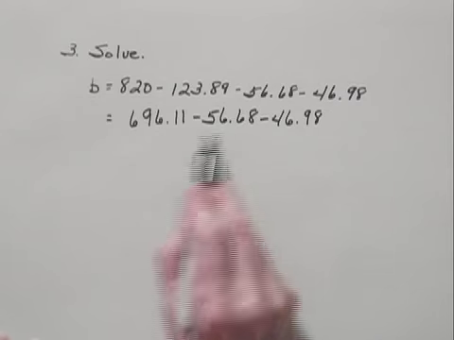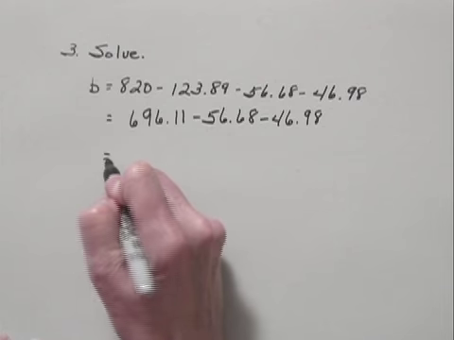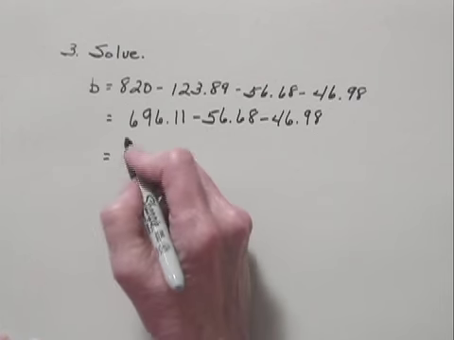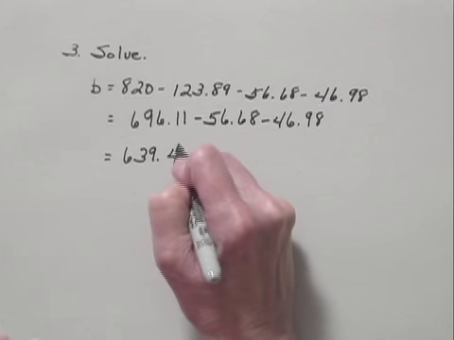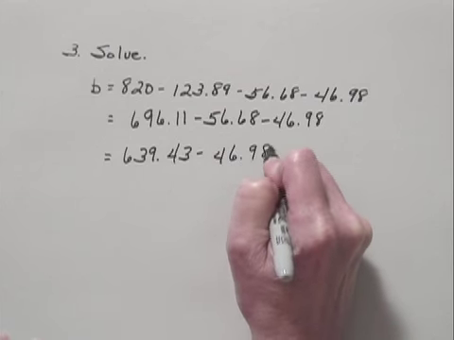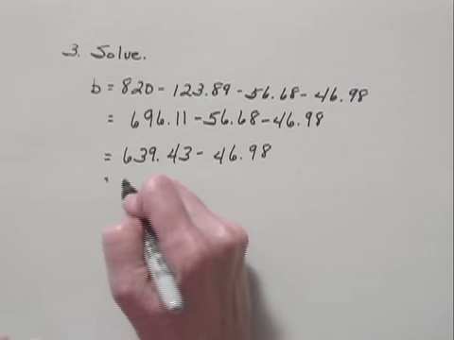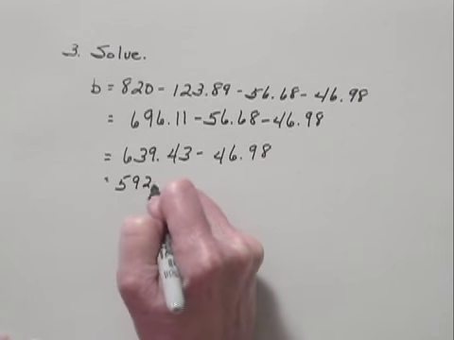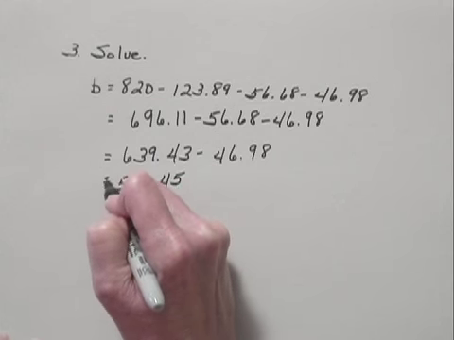Now we do this subtraction, 696.11 minus 56.68, and when we do that, we get 639.43. And we have this final subtraction, 46.98. When we do that subtraction, we get 592.45. So this is our possible solution.